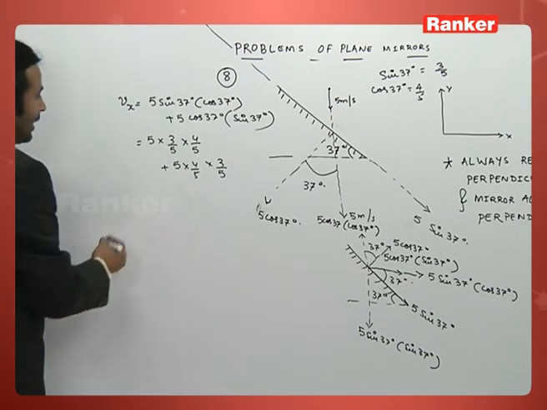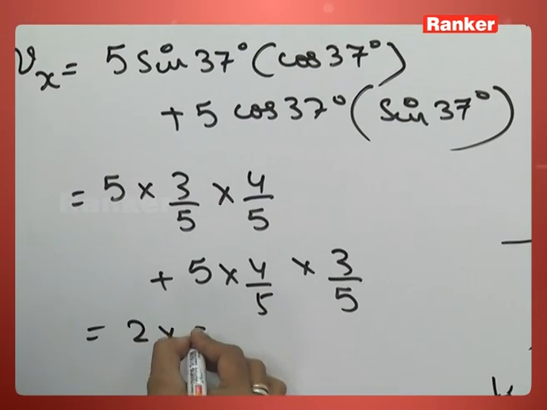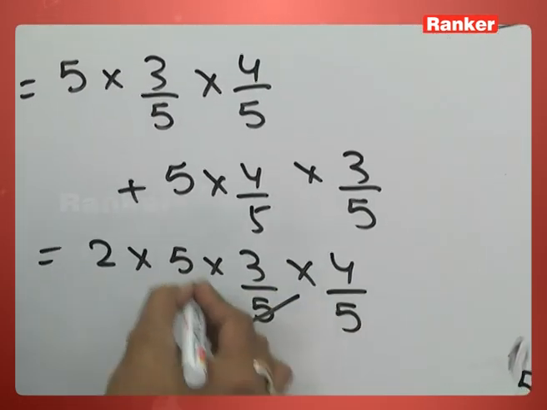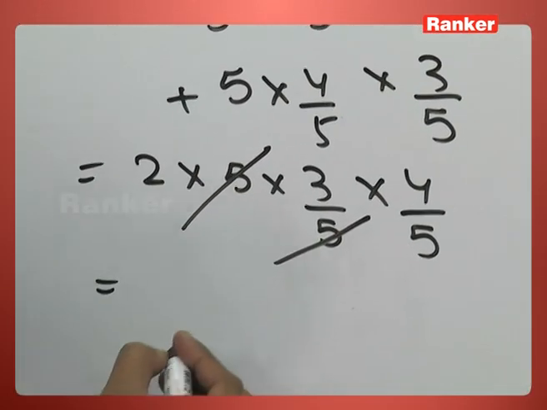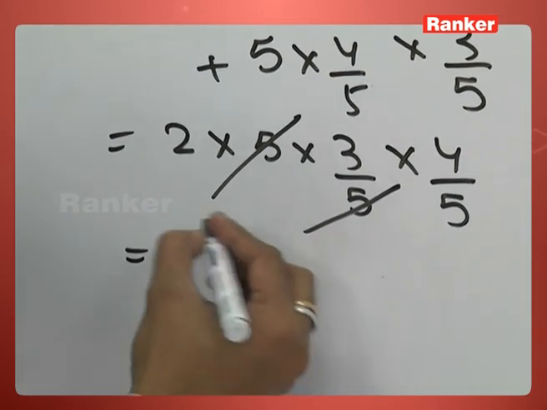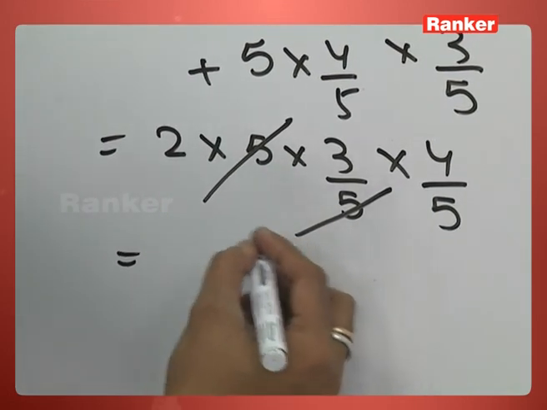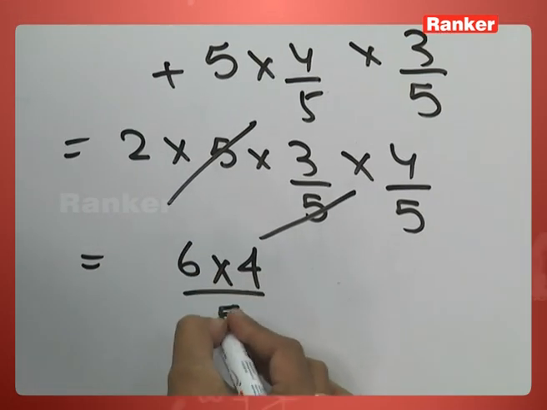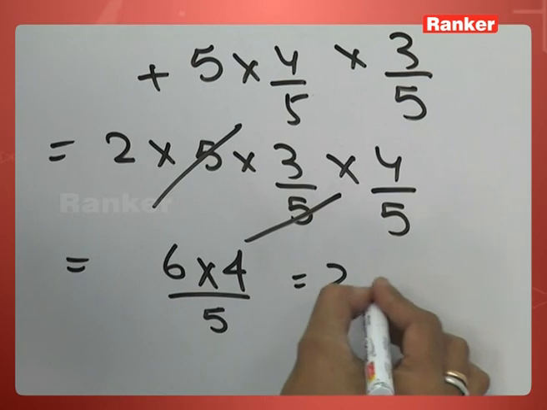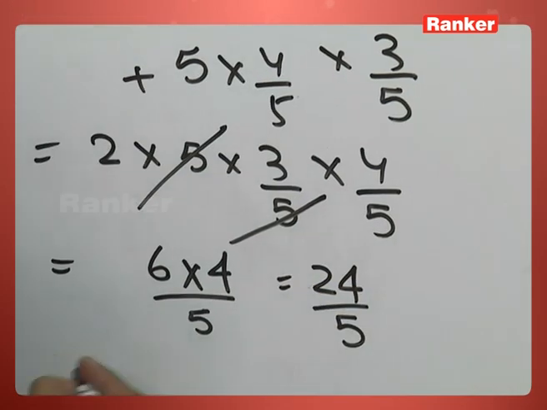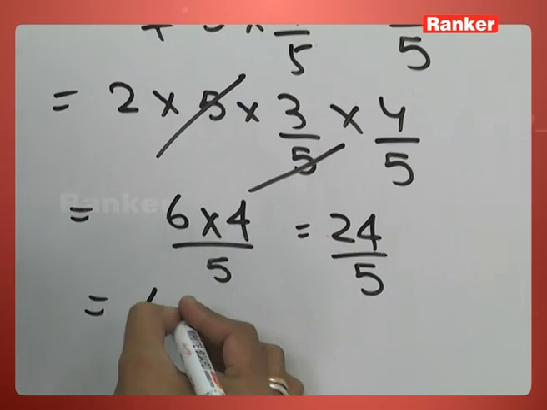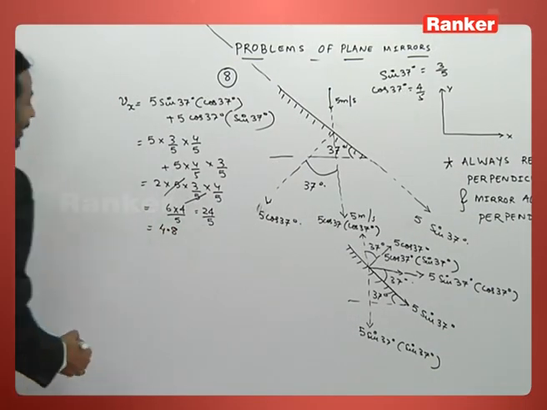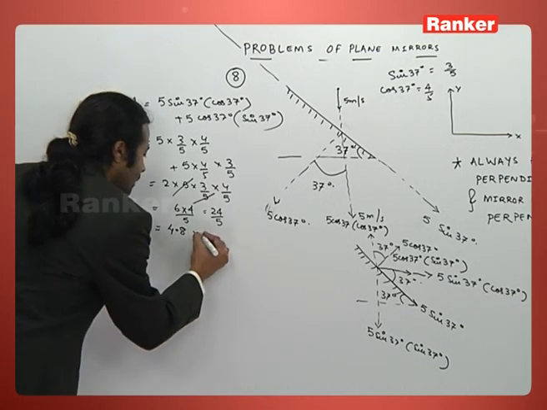They are the same, so I can write 2 into 5 into 3 by 5 into 4 by 5. This 5 cancels, so this is 6 into 4 divided by 5, which is 24 divided by 5, that is 4.8. So the x component is coming as 4.8 meter per second.